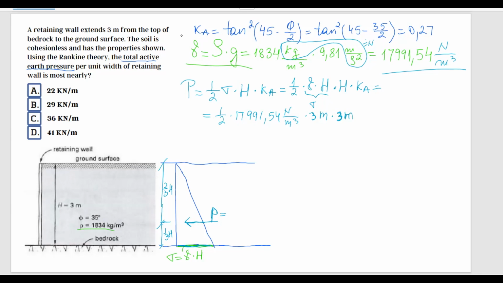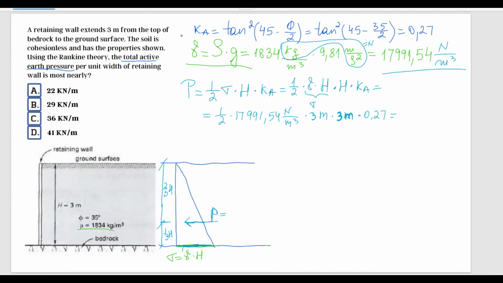Multiplied by the active earth pressure coefficient, which is 0.27.